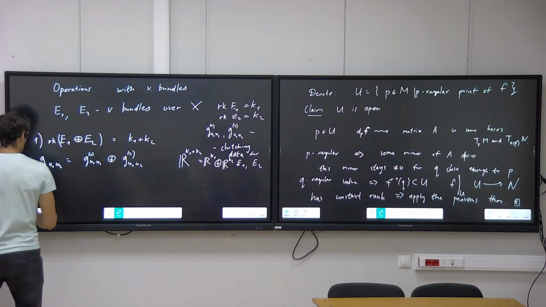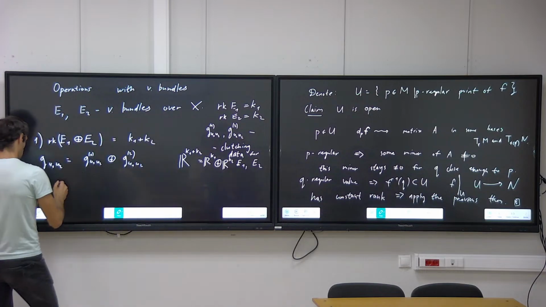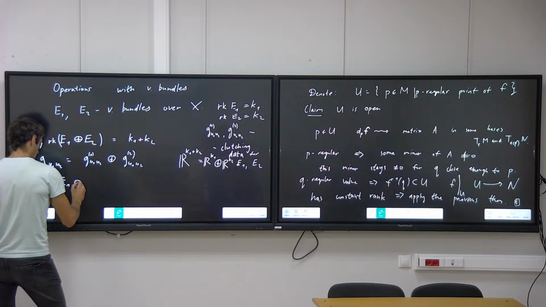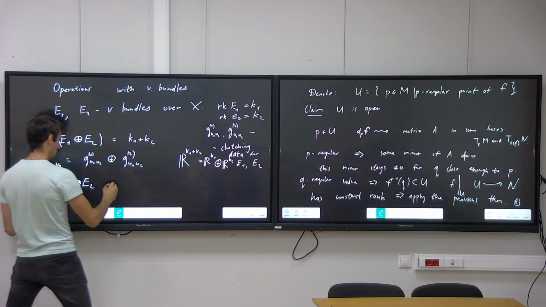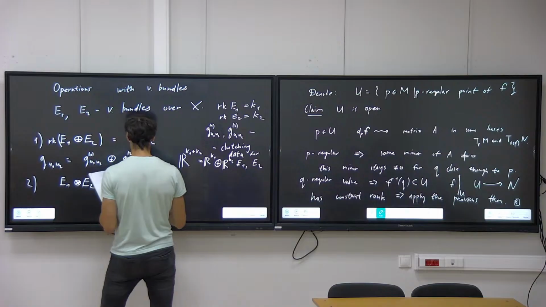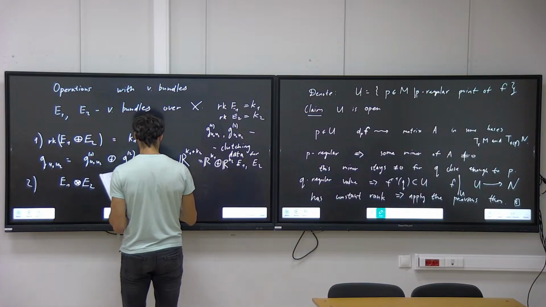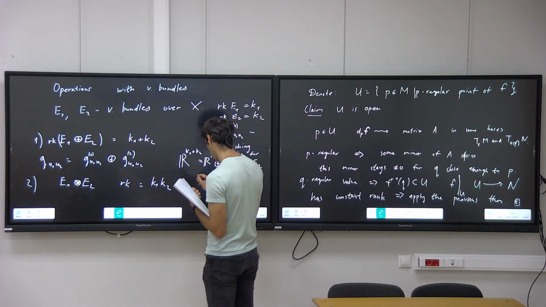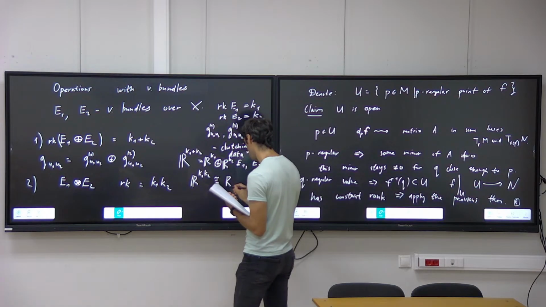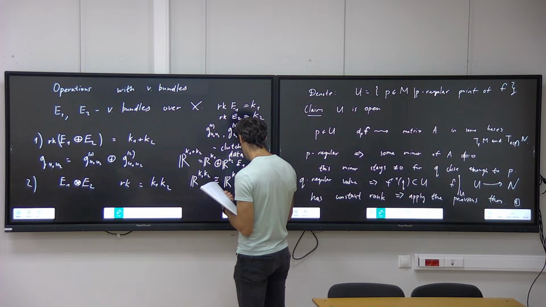Also, I can consider the tensor product of E1 and E2. The corresponding rank is, of course, the multiplication, and then I think of R^(k1 k2) as R^k1 tensor R^k2, right?